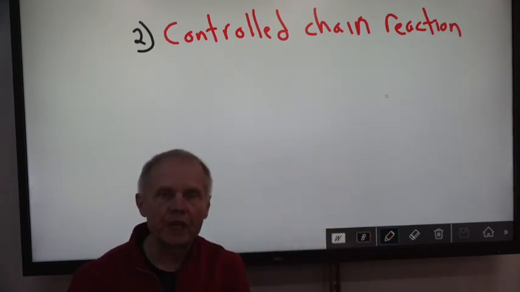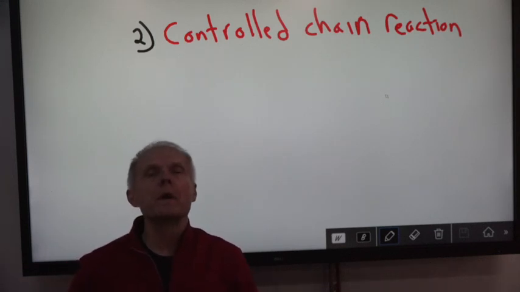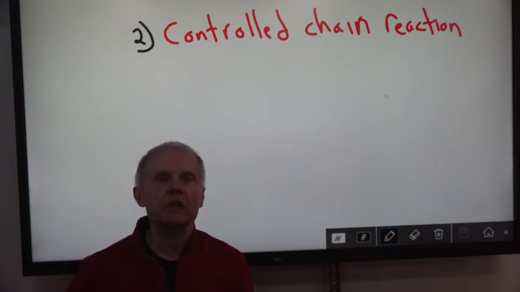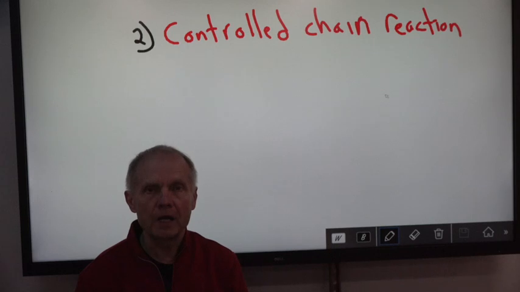A controlled chain reaction. Well, what does that mean, controlled chain reaction? Well, obviously, we have to control the number of neutrons that are hitting the other fissionable radioisotopes' nuclei. So if we control the number of neutrons, we can control the reaction. And what is that? That's not an atomic bomb. That is this.